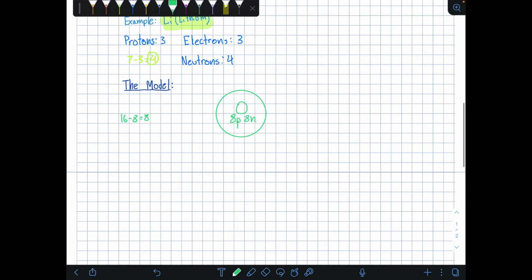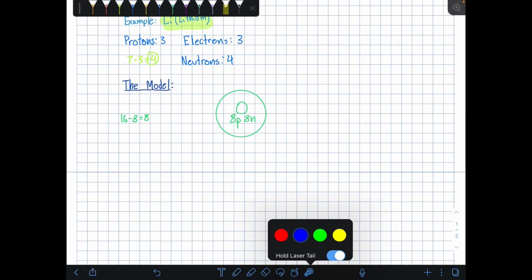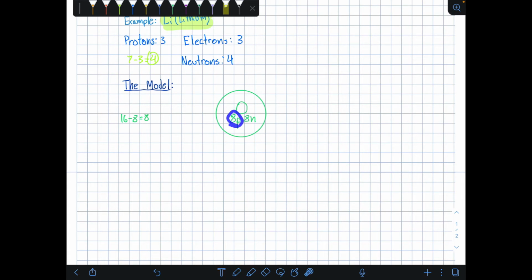So how many electrons do we have? Well, if we have 8 protons, we are going to have 8 electrons. So 8 negatively charged electrons. In our first ring here, this is where we're going to put our electrons, except this ring holds only 2 electrons. These are your innermost electrons. 1, 2.